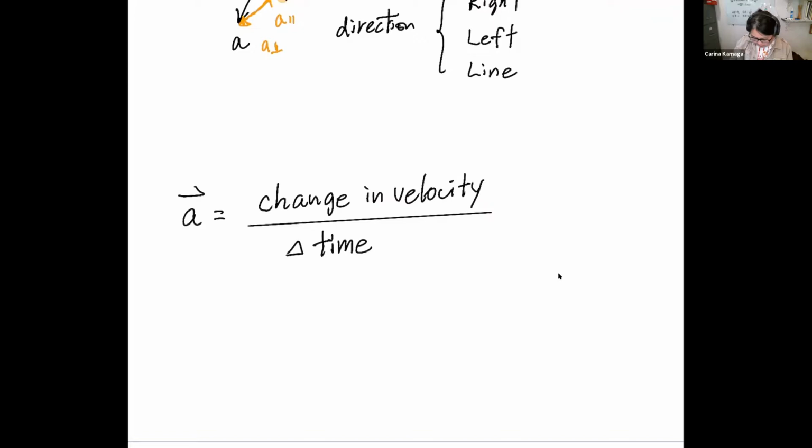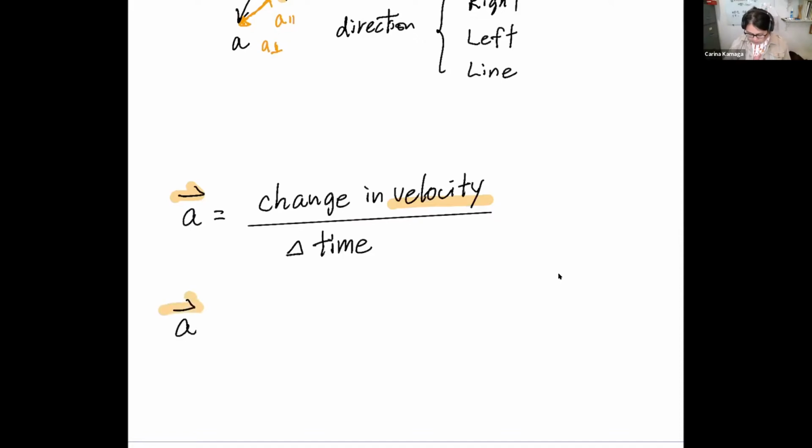How quickly you change the velocity. So acceleration is a vector, and the velocity is a vector. Is time a vector or scalar? Time is a scalar component, right?